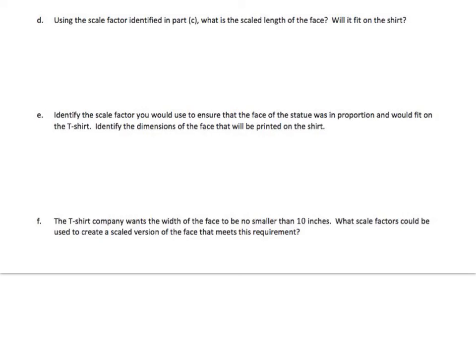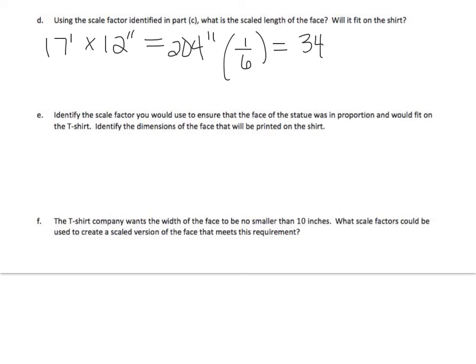So, using the scale factor that we talked about, what is the scaled length of the face? If we're at 17 feet, and I multiply that by 12 inches in a foot, that gives me 204 inches. I'm going to multiply that by my scale factor, and I'm down to 34 inches.